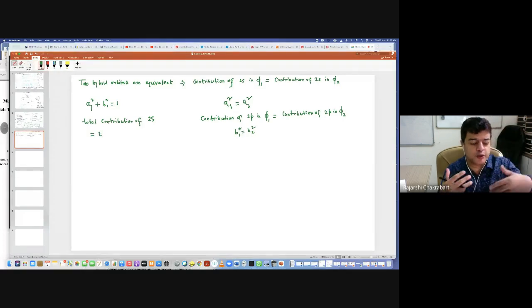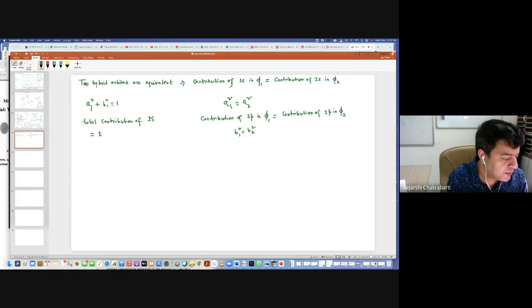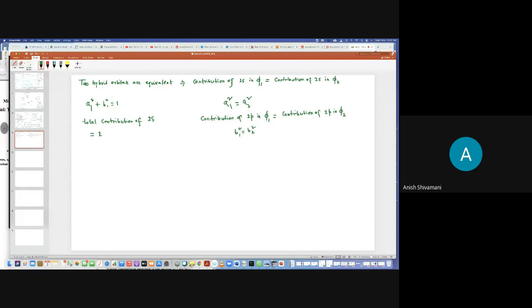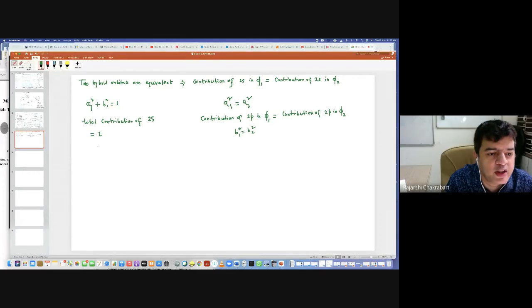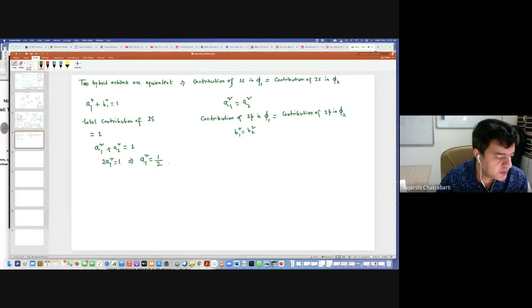What is the total contribution of 2s in the two hybrid orbitals? a1 square for phi 1 plus a2 square for phi 2, and that has to be equal to 1 as well. But you had assumed that a1 square equals a2 square, which means 2a1 square equals 1, or a1 square is equal to 1 by 2. Is it fine with you?